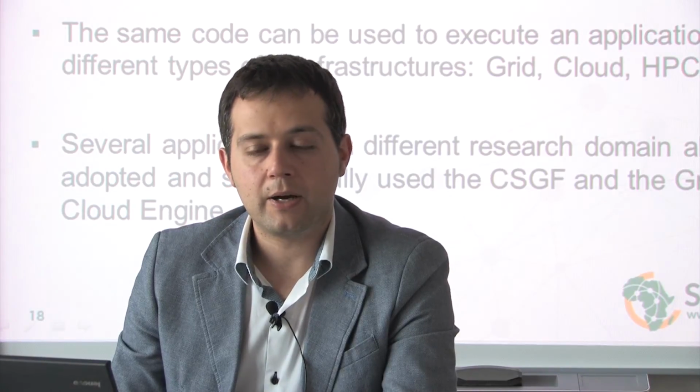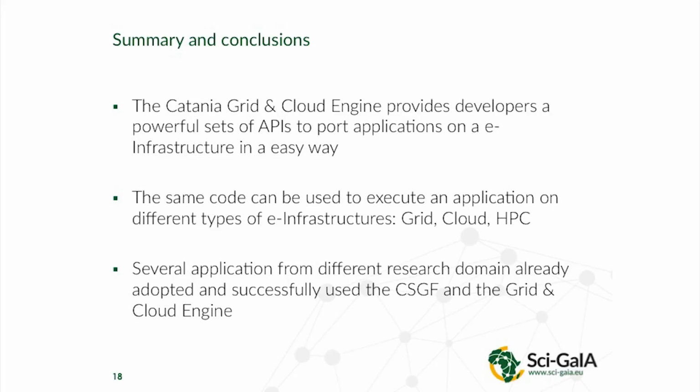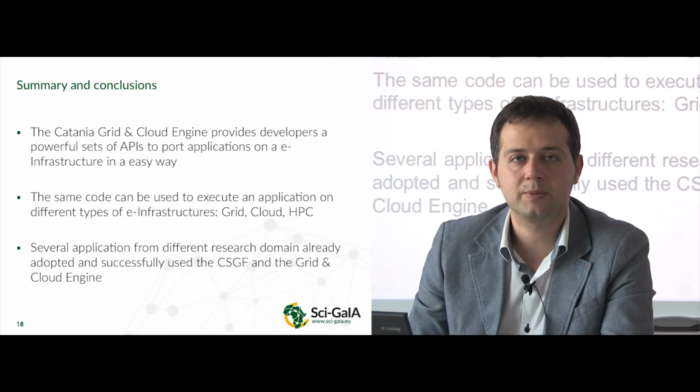So now I'm going to draw some conclusions. As you saw, the Catania Grid and Cloud Engine provides developers a powerful set of APIs to port applications on infrastructures in an easy way. The same code can be used to run applications towards different kinds of distributed computing infrastructure middlewares.